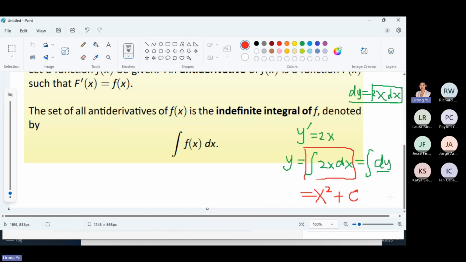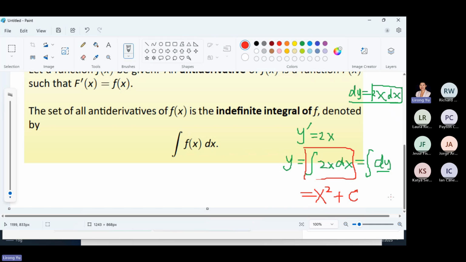Later, we also have the definite integral when we know what we're adding, but right now it's called an indefinite integral. Basically, the indefinite integral is a notation for the collection of all the antiderivatives. All the functions that have 2x as derivative are called the indefinite integral of 2x. If you have to have a formula for it, you will write x squared plus c.